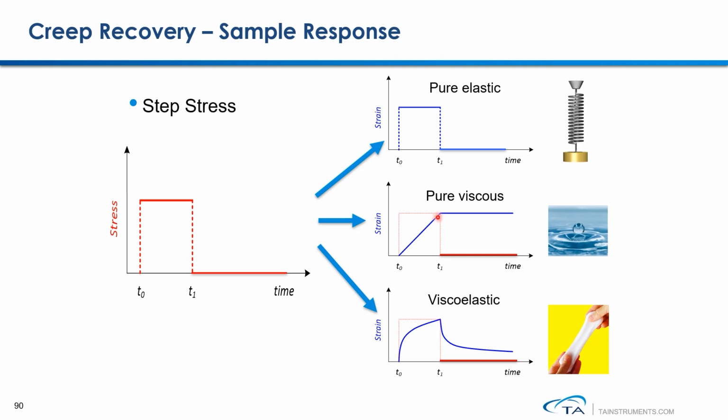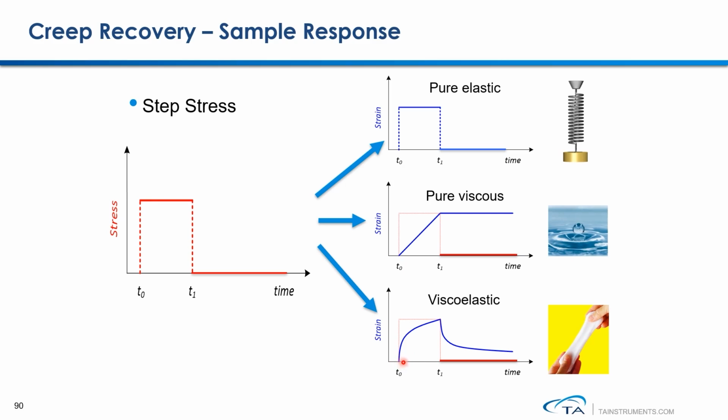So here is the data that shows when you perform a creep recovery experiment on a viscoelastic material. As you apply a stress to a viscoelastic sample, simultaneously you see the sample jump to a certain strain. This part of the strain correlates to the elastic behavior of the material.